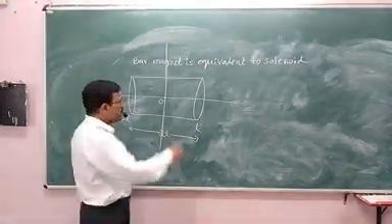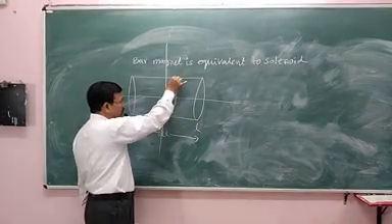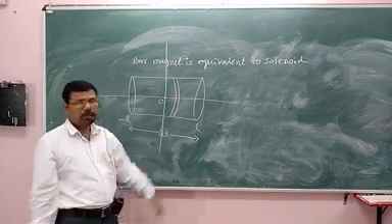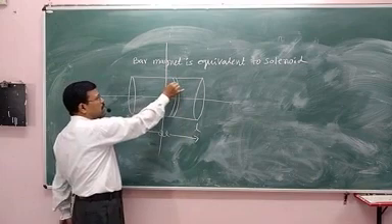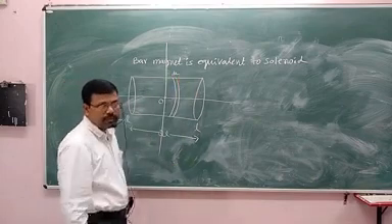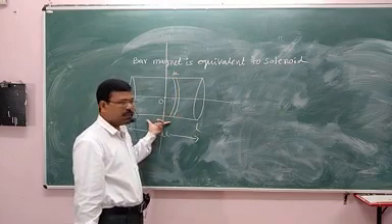Okay, let me consider one small current element here containing some number of turns. This element, let me call it the element dx. It's a current carrying element. It's a part of solenoid.